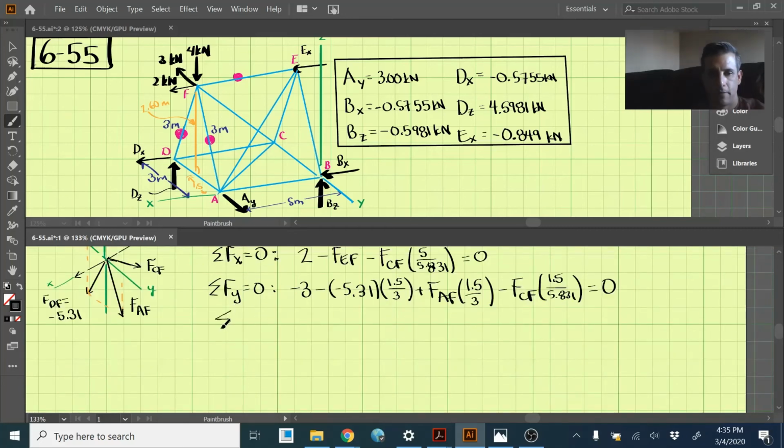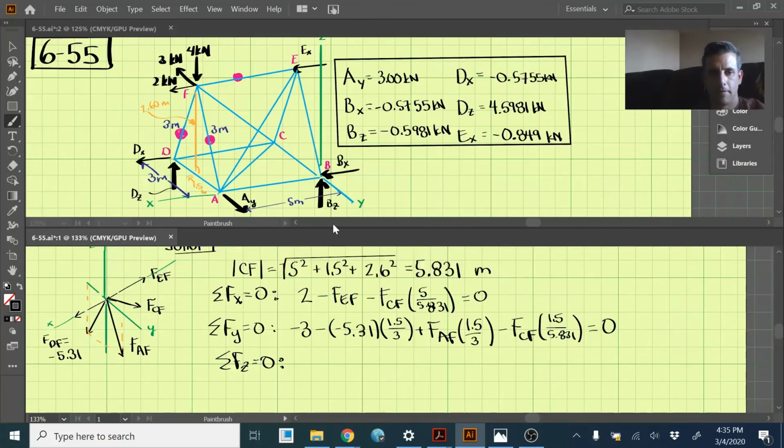Lastly, let's sum the forces in the z direction and set those equal to 0. The external force in the z direction here is -4. FEF is not going to have a component in the z direction, but all the other ones will.